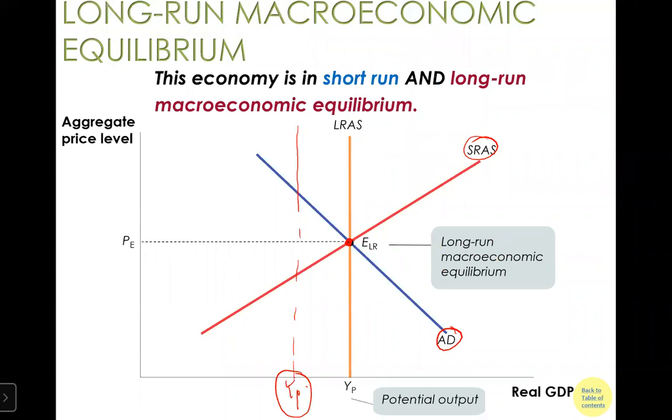The other possibility is we are here, so we are producing less than we potentially can produce. For the rest of these slides, I'm going to explain what caused this case or this case, and furthermore how our economy will respond.